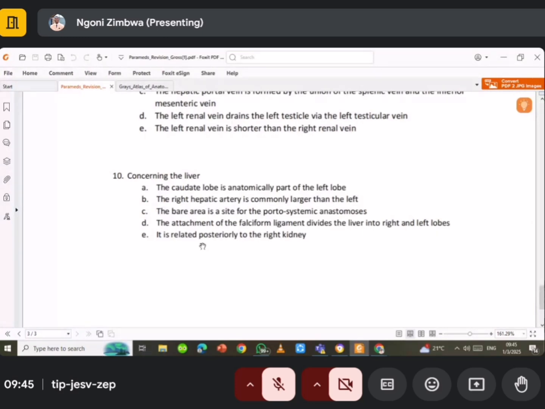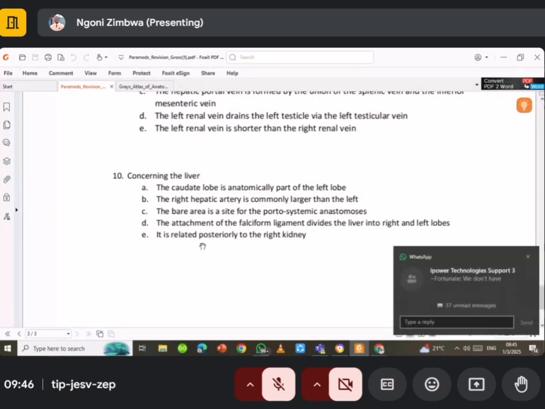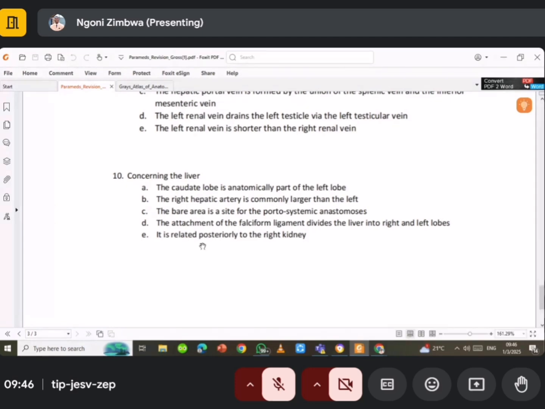Why? Listen very carefully. The liver is mainly divided into the right and the left lobe anteriorly by the falciform ligament. If you see the visceral surface of the liver, you have a caudate lobe that is superior and posterior, and your quadrate lobe that is inferior and anterior.